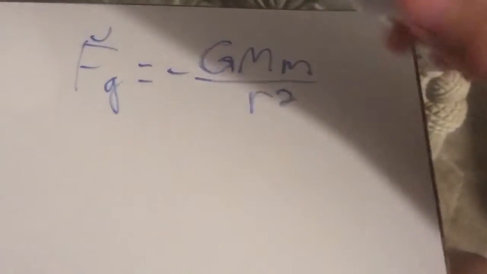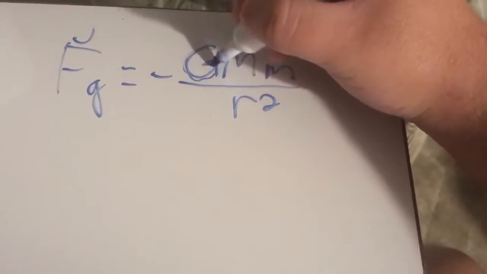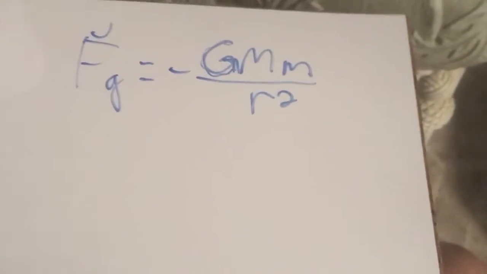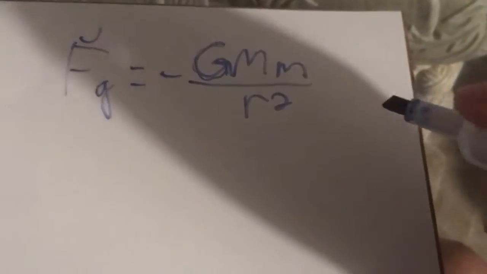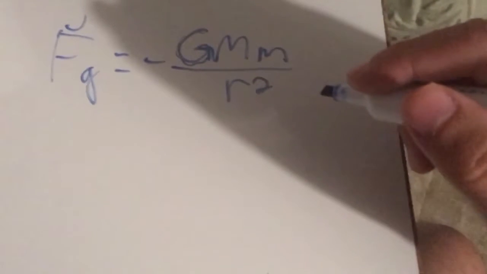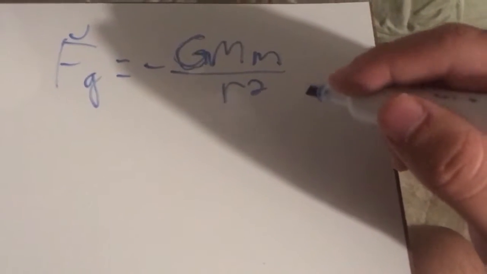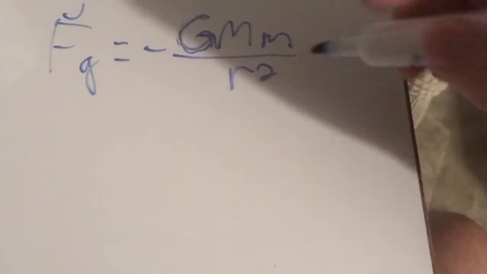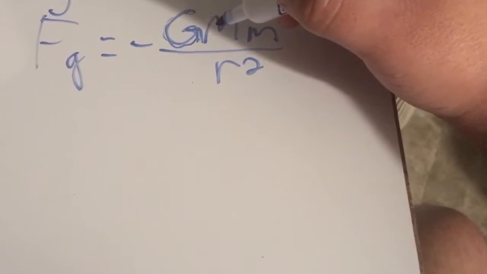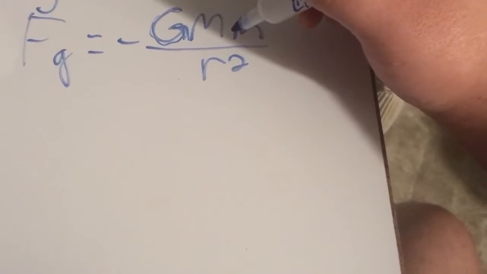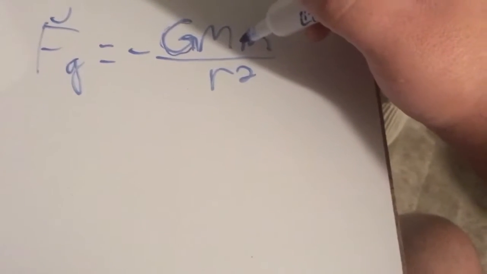Newton knew that this equation took this form, but he didn't know what this capital G would be. He knew that it's the gravitational force, so it should be mass times acceleration, and the units must be newtons. But in the form of m1 m2 over r squared, that's just kilograms squared over meters squared.